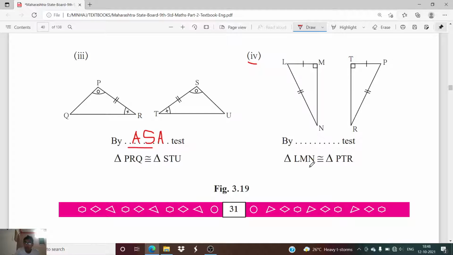That shows us that both the right angle triangles are congruent to each other, and they are congruent by hypotenuse side test. So we will write by hypotenuse side test. So the given triangles are congruent by hypotenuse side test. So this is the answer for sub question number 4.